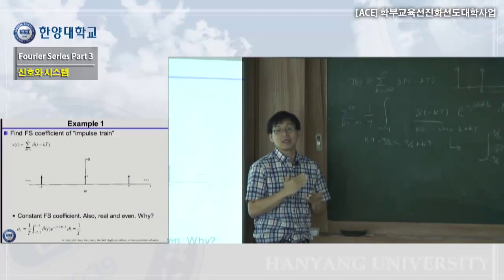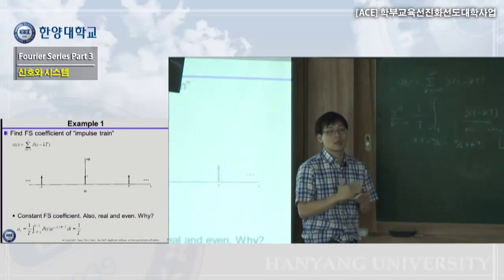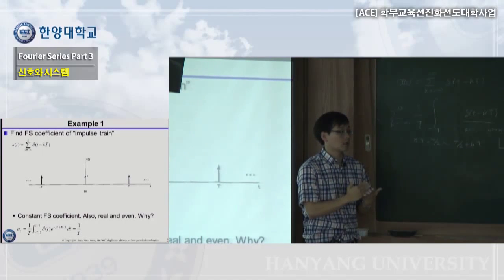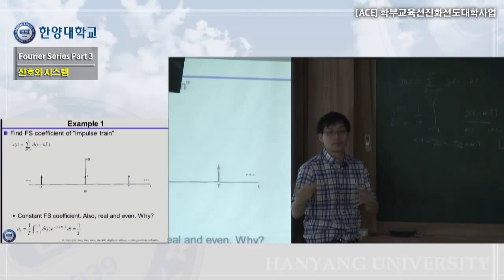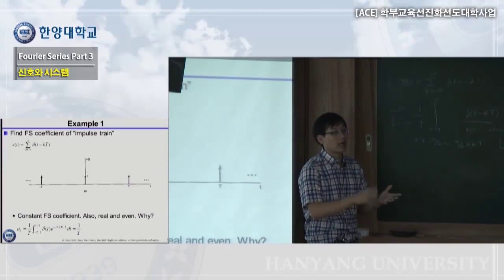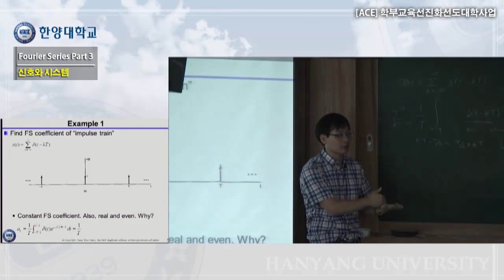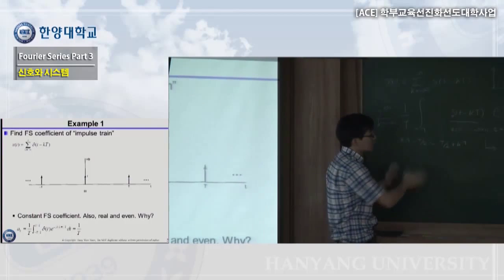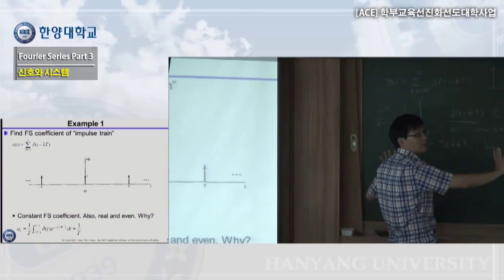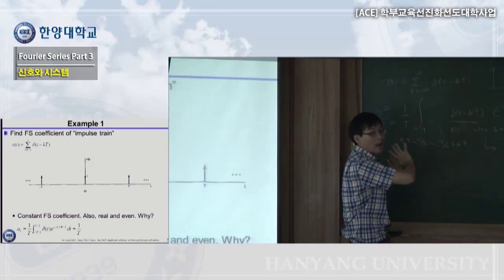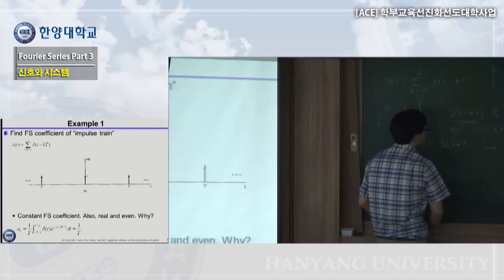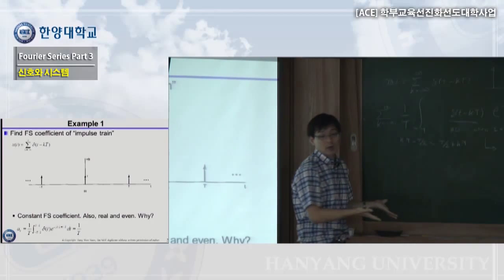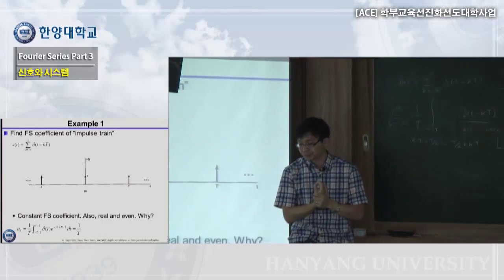However, in many cases, we can simplify our calculation using the properties we have learned. So this is a calculation you can do. Of course you can do it. I'm not saying that this is wrong. This is absolutely true. No problem. But what if you can simplify the problem? How can we do it?